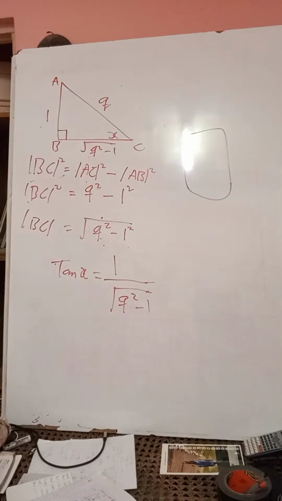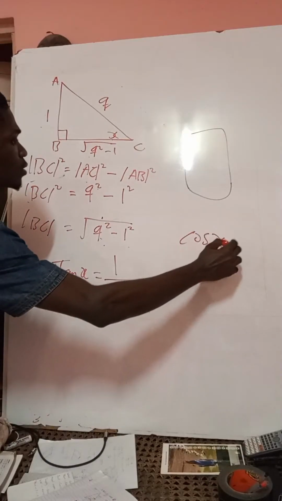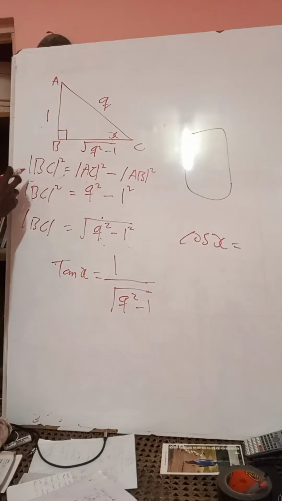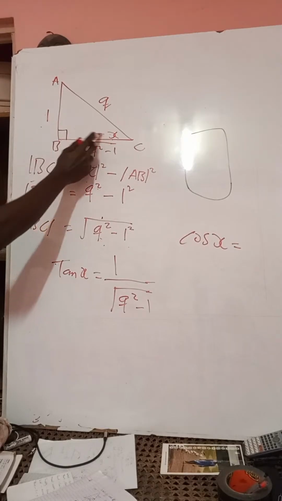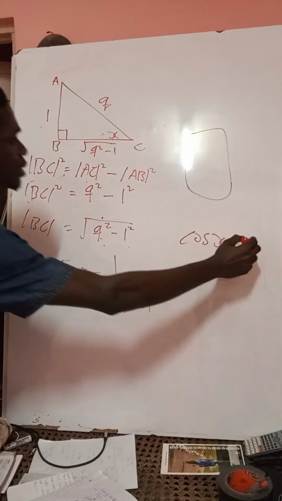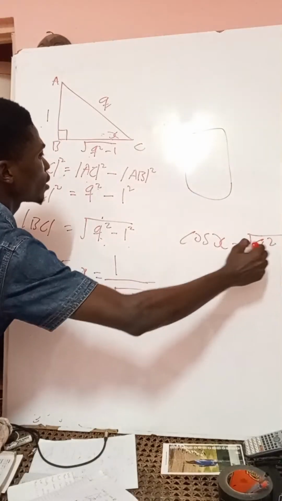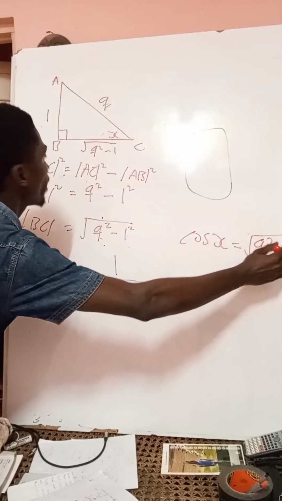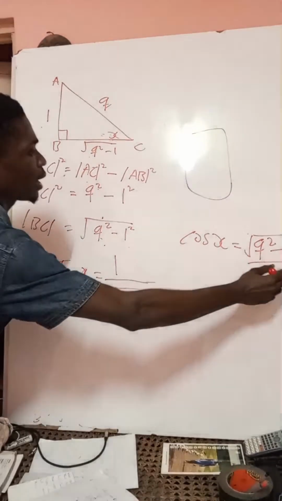And another one too is that we are also asked to find cos x, right? So cos x is going to be what? It's adjacent over hypotenuse, which is root of Q squared minus 1 all over Q, right?